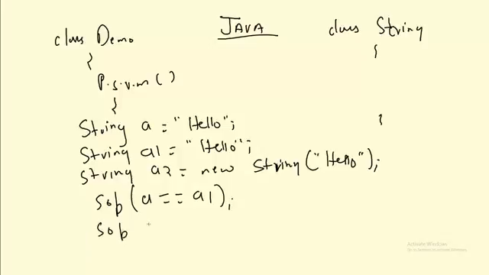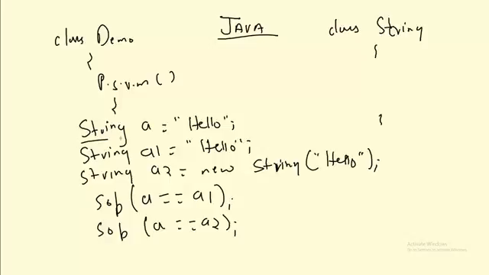And when I say a equal to equal to a2, what happens? We need to understand. As we discussed, String is a predefined class, and this is the only predefined class for which Sun or Java language has given us an exemption. Without using the new keyword also, I will be able to create an object of this.